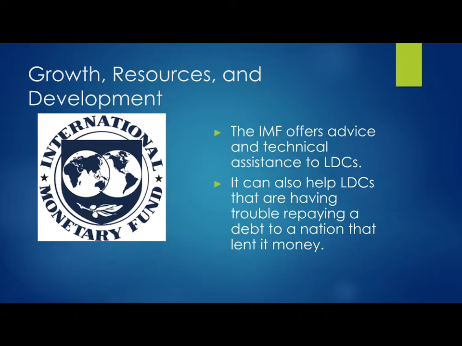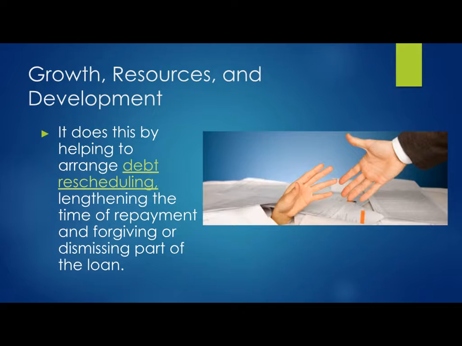The IMF offers advice and technical assistance that can help LDCs that are having trouble repaying debt to a nation that lent it money. So if a less developed country owes the United States a ton of money, and if they can't pay it back and they default, that would throw their country into more chaos, more turmoil. So sometimes the International Monetary Fund will come in and help pay that so that they can be more stable.